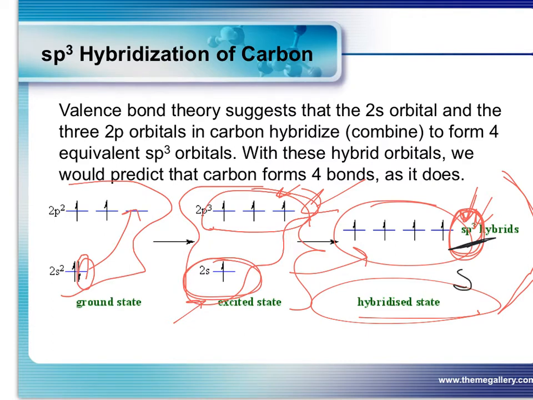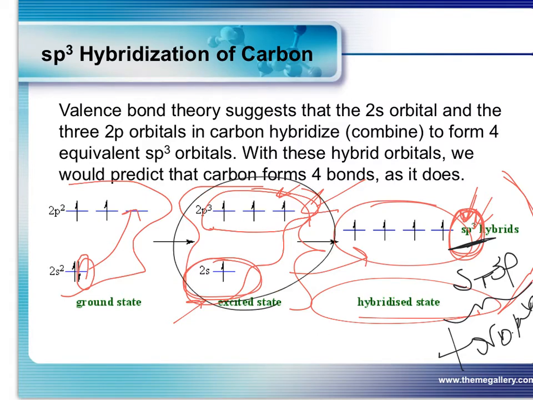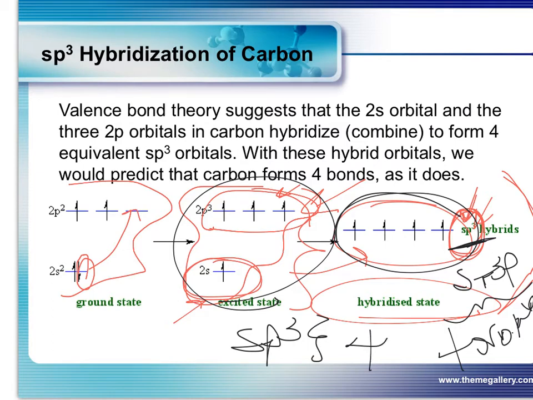So if you have 1 s and you have 3 p's, you have a total of 4 orbitals. And because of conservation of orbitals, if we start with 4 atomic orbitals, we must end up with 4 hybrid orbitals. So anytime you see sp3 hybrid orbitals, there are 4 of them.